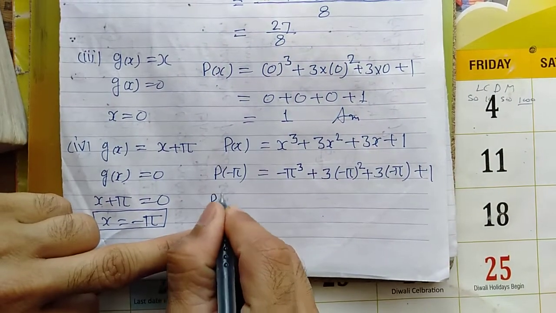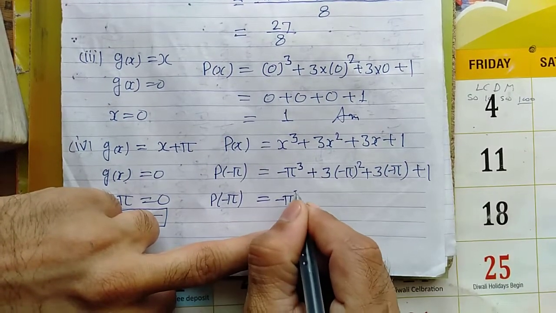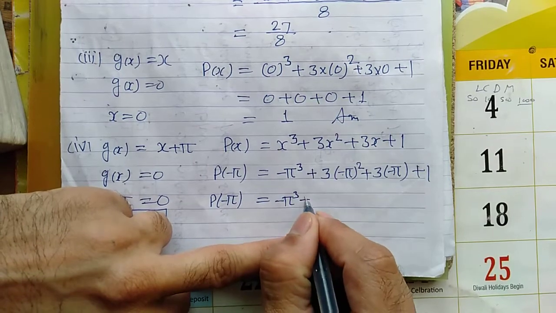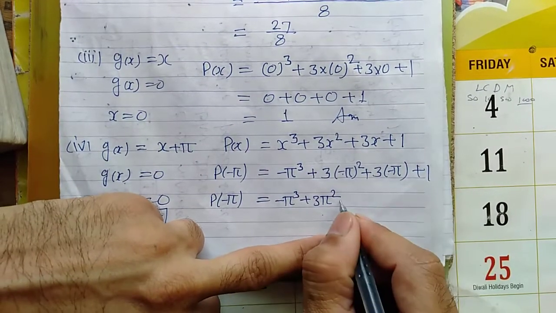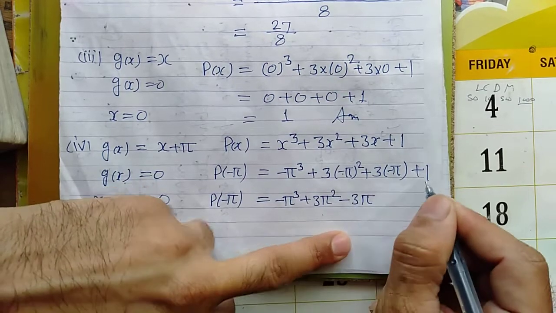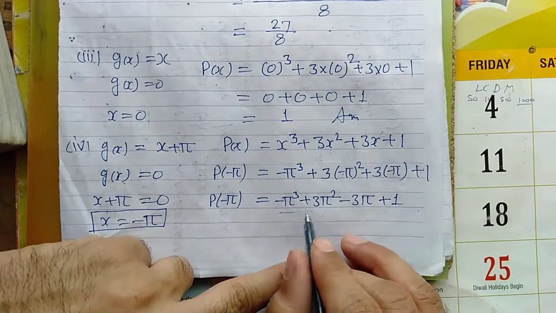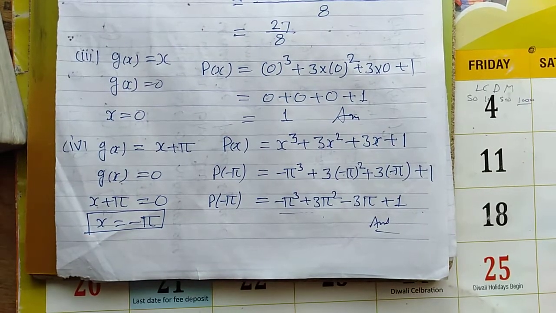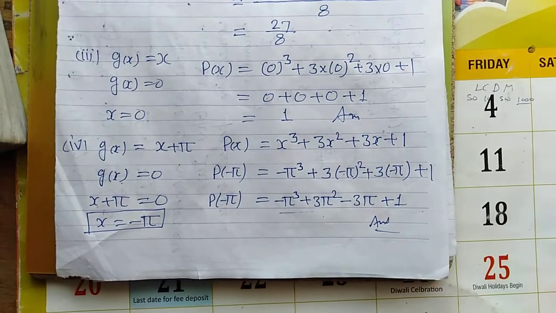So here p of minus pi is the same, we can do nothing here: minus pi cube, this one will be square, so this is 3 pi square, this one will be minus minus, plus 3 pi, and this will be 1. We can do nothing here now, so this is only the answer. Answer means this is the remainder of this polynomial.